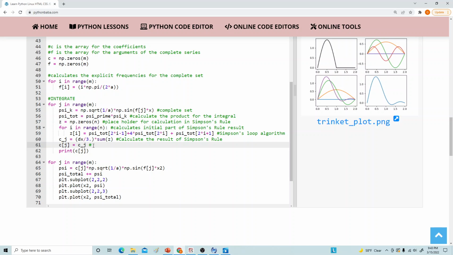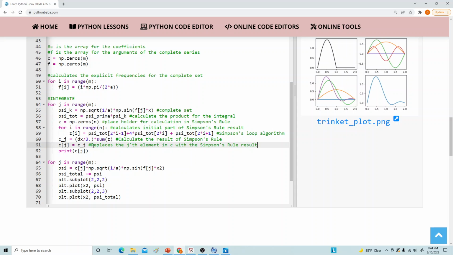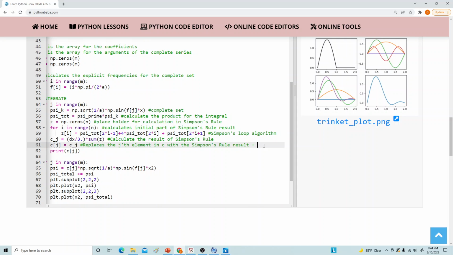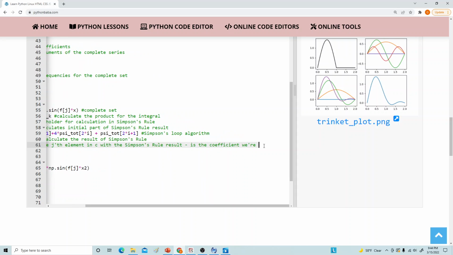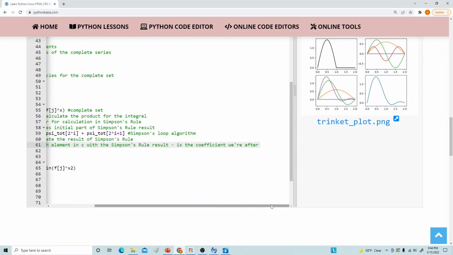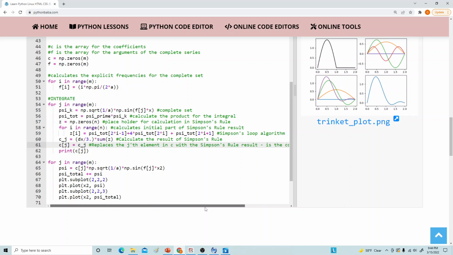So this replaces the jth element in C with the Simpson's rule result. Okay? And so now this line of code is our coefficient that we're after. Okay? This is the coefficient that we're after.